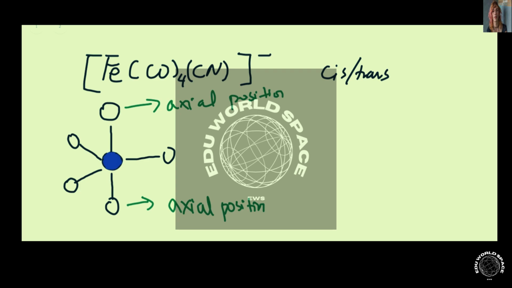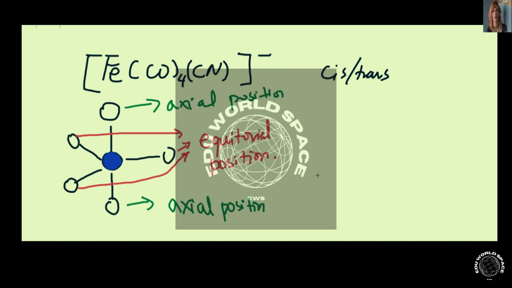And these 3 ligand positions are called the 3 equatorial positions. So a pentacoordination complex contains 2 axial positions and 3 equatorial positions.